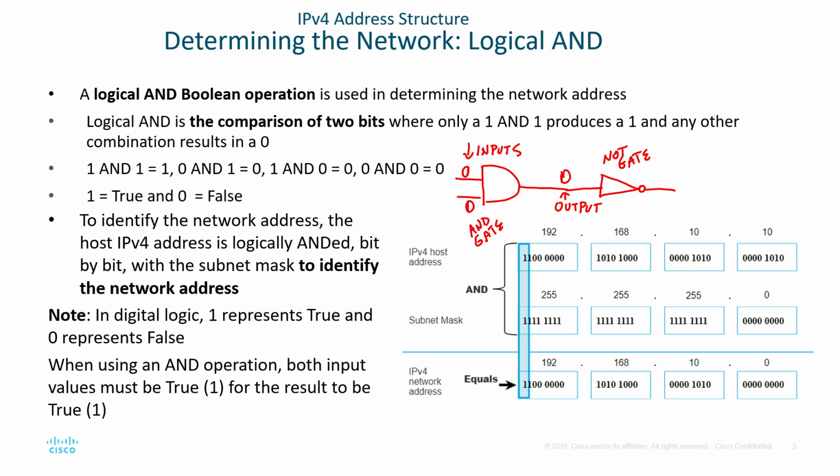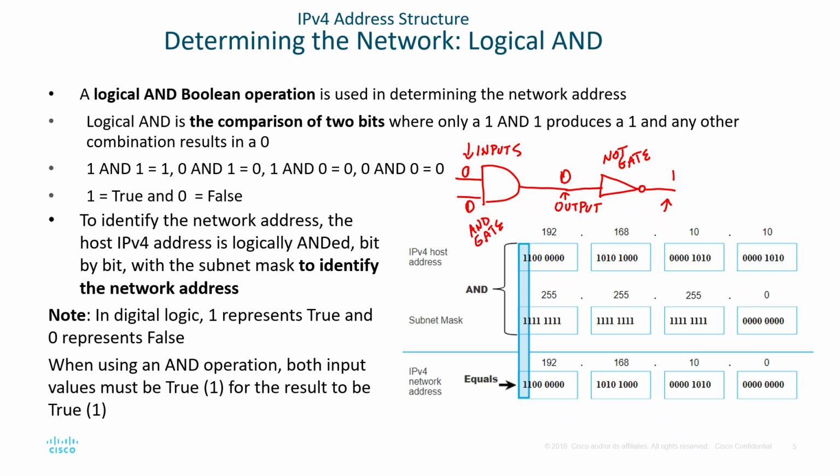So in this example, my AND gate had a 0 and a 0, which resulted in the output of a 0. I have a 0 going into my NOT gate. So if I have a 0 going into my NOT gate, my result here would be a 1. So that is really all you need to know about Boolean operation. The only way I can get a true result is a 1 and a 1, which would be represented as a 1.